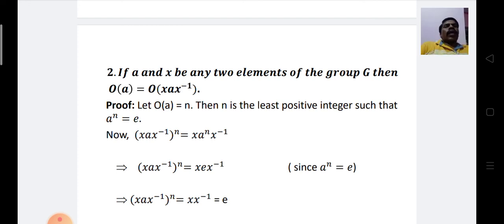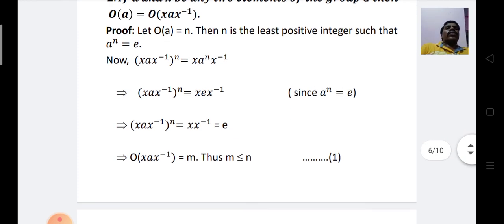Now we know (x a x to the power minus 1) whole to the power n is equal to x a to the power n x to the power minus 1, which is equal to x e x to the power minus 1, since a to the power n is equal to e, which is equal to x x inverse, which is equal to e.